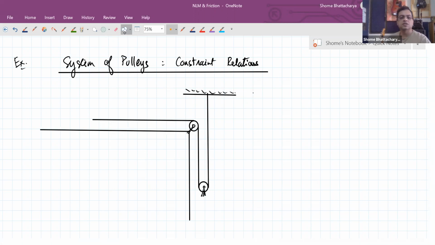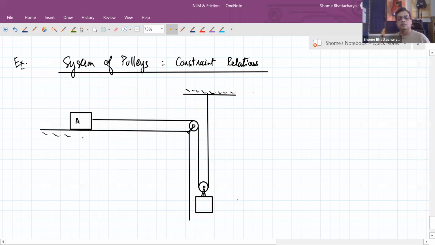Okay, so our system consists of something like this. So we have two blocks like this and two pulleys like this. So this is a smooth surface.